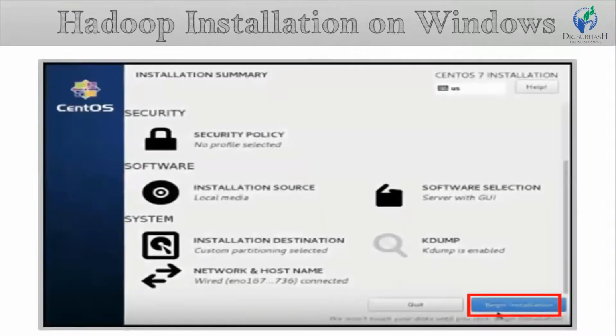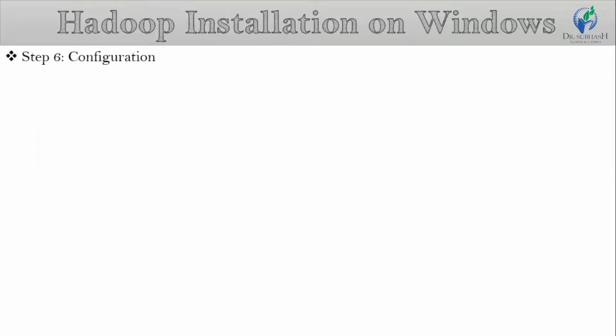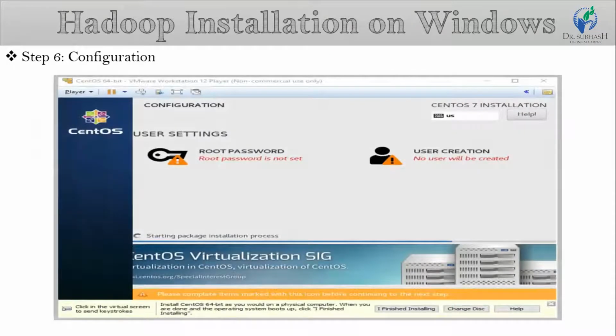Now, next is click on begin installing the OS. So this is about step number 5. Now in step number 6 we have configurations. Once you complete step number 5, you will see this window where the final installation process will be completed.